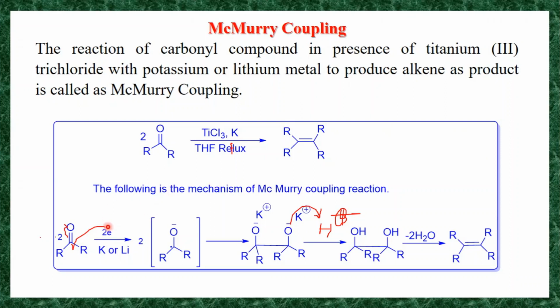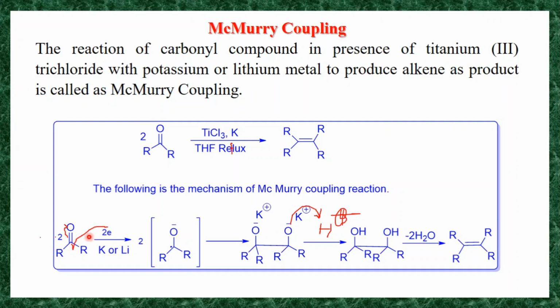So in the mechanism, what happens? This carbonyl compound reacts with potassium or lithium metal. This potassium or lithium metal has one electron in its outer shell. That potassium metal undergoes oxidation, it loses its electron. That electron attacks this carbonyl carbon of, consider this, your ketone.